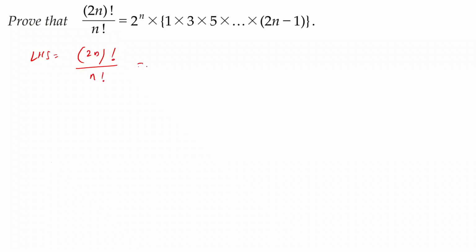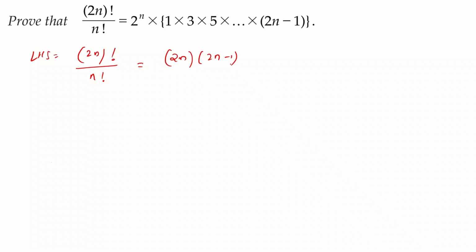Okay, so now let's first simplify the numerator. What is 2n factorial? 2n factorial is 2n times 2n minus 1 times 2n minus 2 all the way up to 1. Just like 10 factorial is 10 times 9 times 8 all the way up to 3, 2, 1.